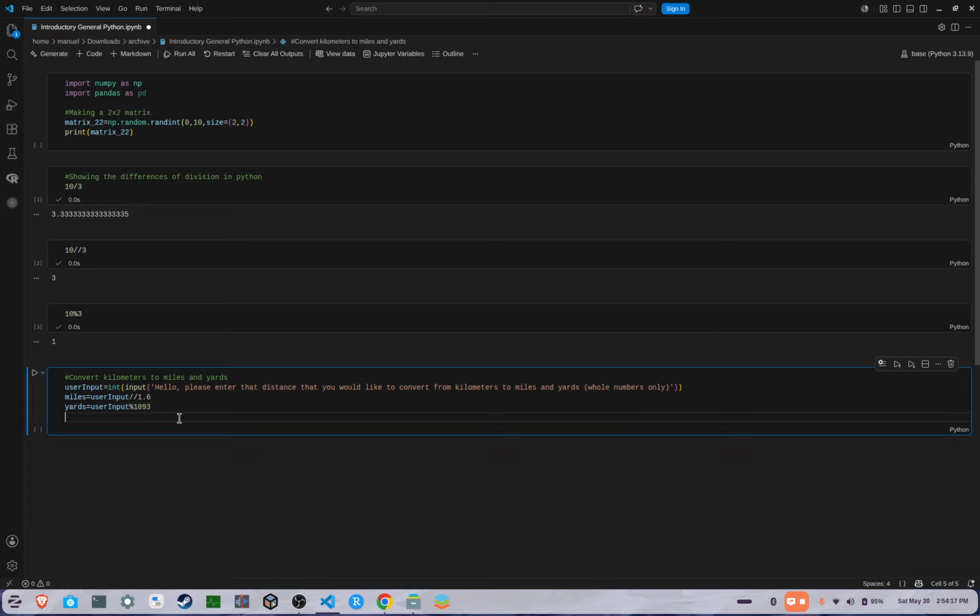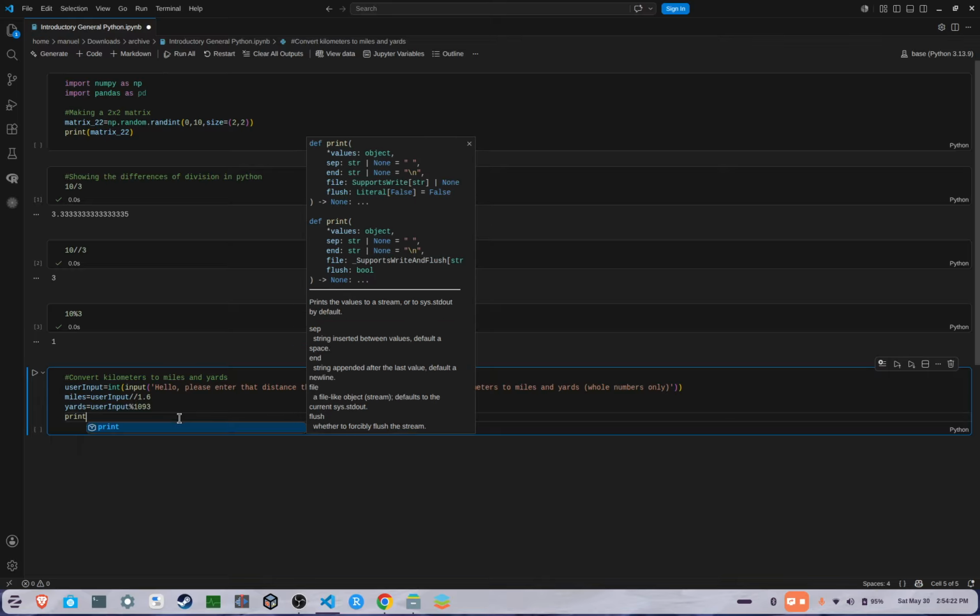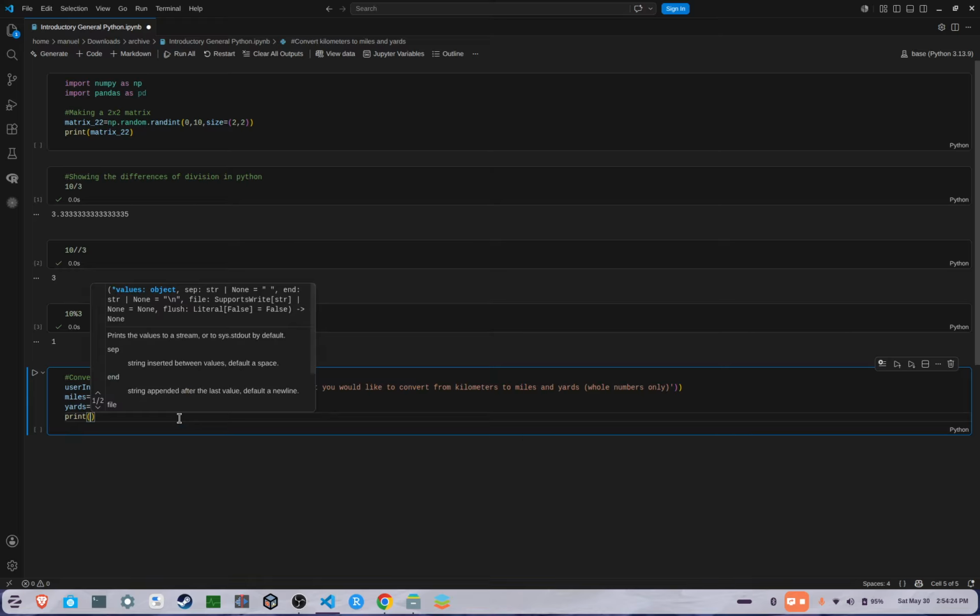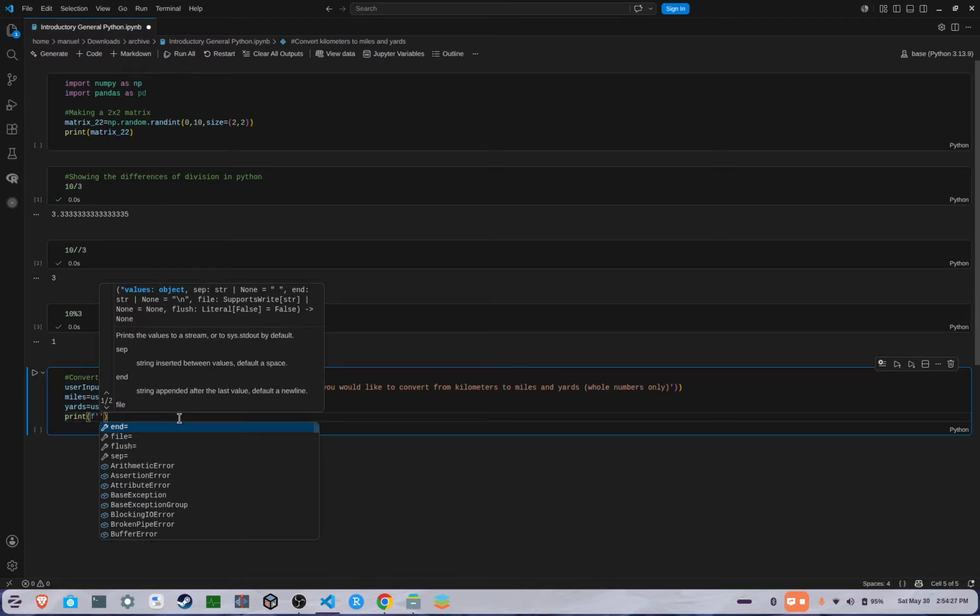And now let's put our output. So print. We're going to use a formatting operation.